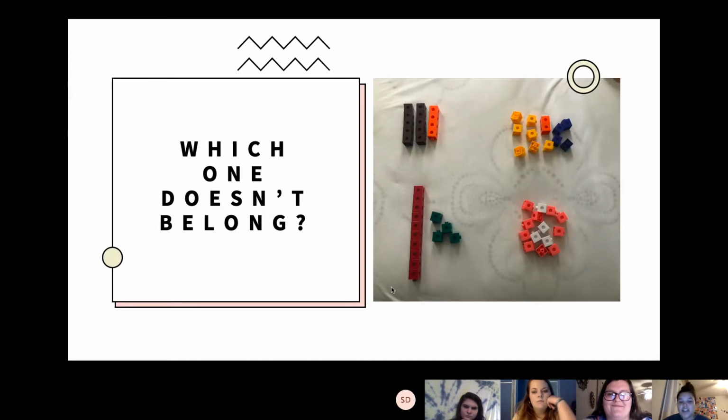So which of these does not belong? There's a whole bunch of blocks, and they're separated, so the first top left, then the bottom left, top right, bottom right.